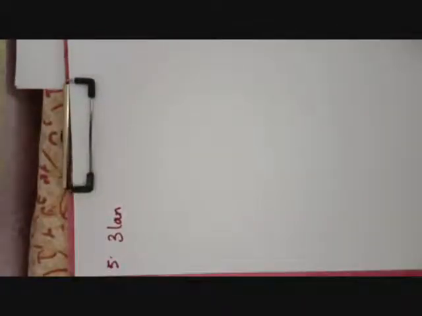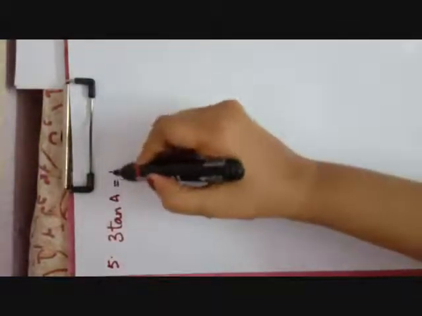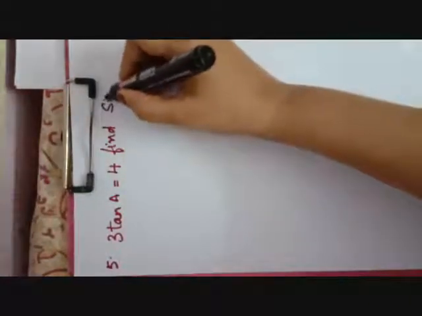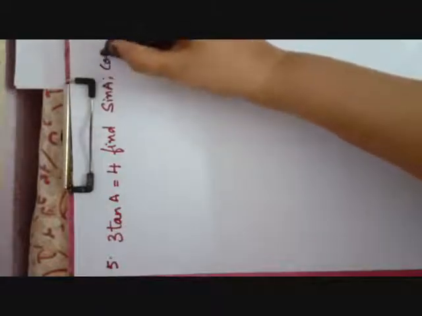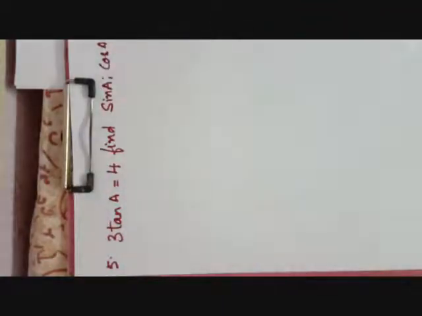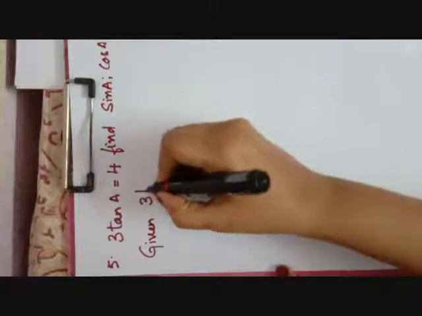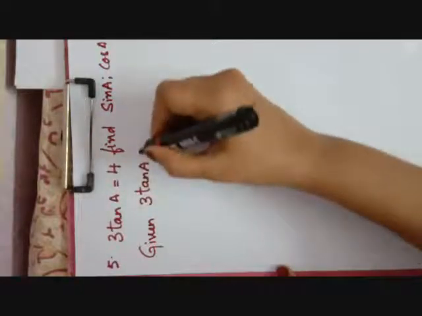We got next problem, that is fifth problem. I'll just read out. If 3 tan A is equals to 4, then find sin A and cos A. Actually, what is given? 3 tan A is equals to 4.